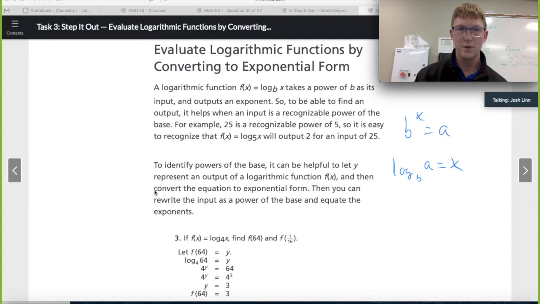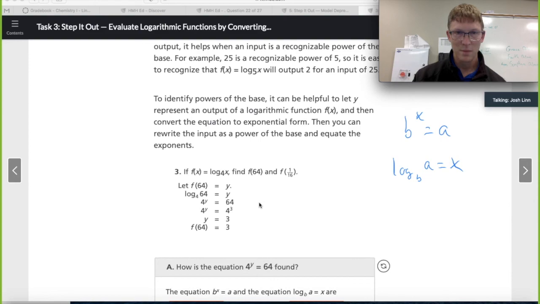So it can be helpful to let y represent an output of a logarithmic function and then convert the equation to exponential form. So that's what we're going to kind of do. So this first one here, you've got f of x equals log base 4 of x. Find f of 64 and f of 1/16.